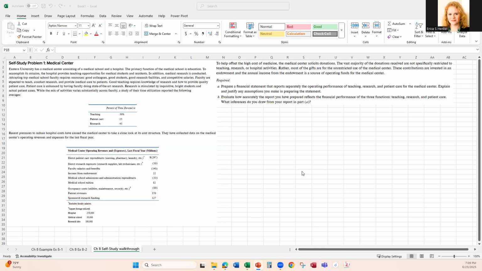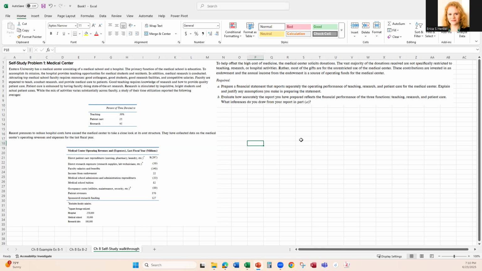So what this problem talks about is they know what percentage of time is allocated to each of these three activities for the faculty. So that probably makes the most sense to allocate out the faculty salaries to these different operating departments or operating areas within the company.